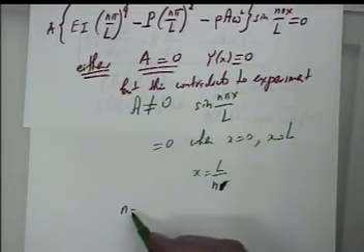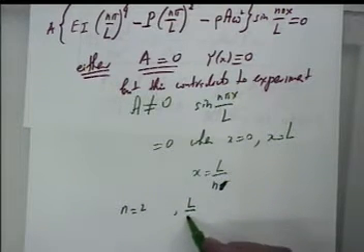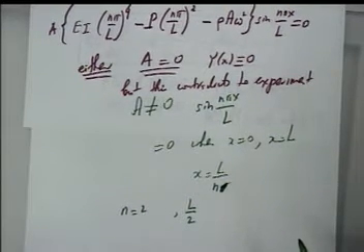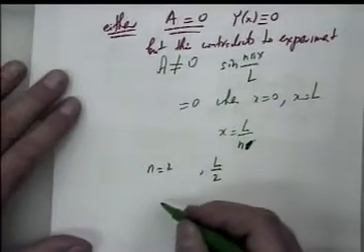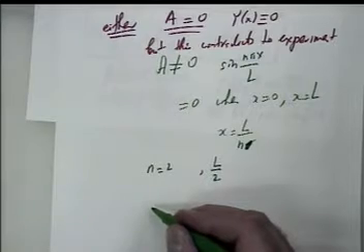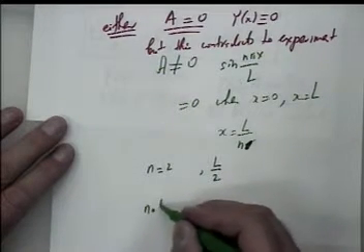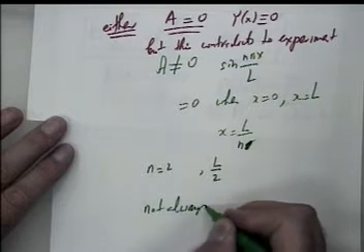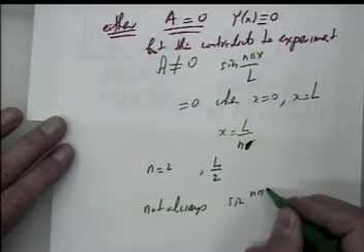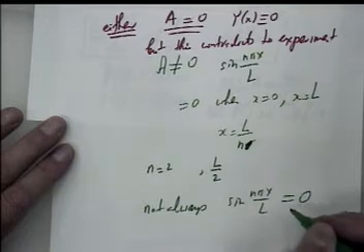For example, if n equals 2, it equals 0 when x equals half L. That means that not always does sine n pi x over L equal 0.